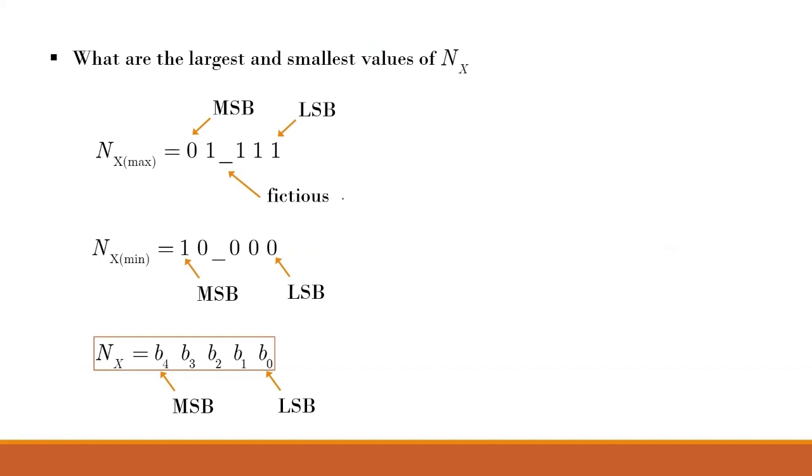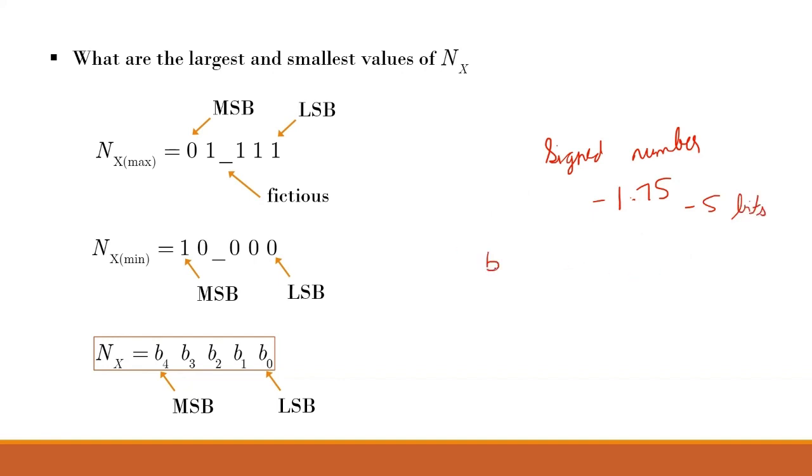Now we'll go for a signed number. Assume I want to represent minus 1.75. How will I represent it? Assume I have 5 bits.